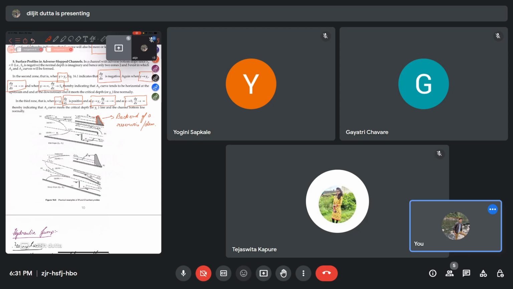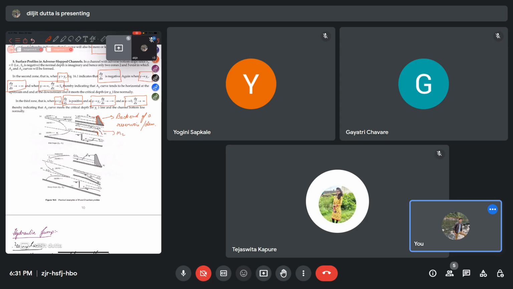This is how we get the M1 profile. Now we can get the M2 profile when the slope is varying simply like that, and we don't have any obstruction in between, and there is a sudden end of the slope. In that case, we will get the M2 slope.